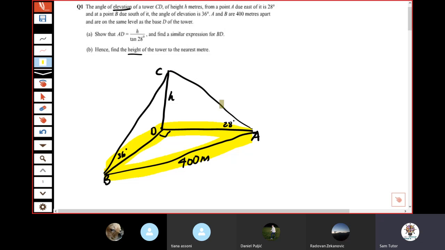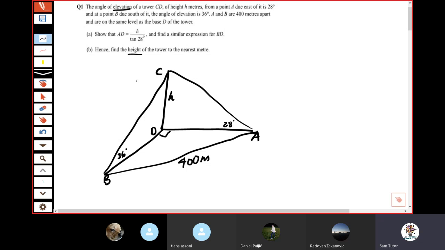And this would be my elevation. So imagine me sitting here, looking up to the top of the tower. That would be my elevation. And imagine Rad sitting here, looking at the top of the tower, and that would be 36 degrees, that elevation. And then on the ground, A and B are south of each other, so they're 90 degrees. Okay, hopefully that all makes sense.